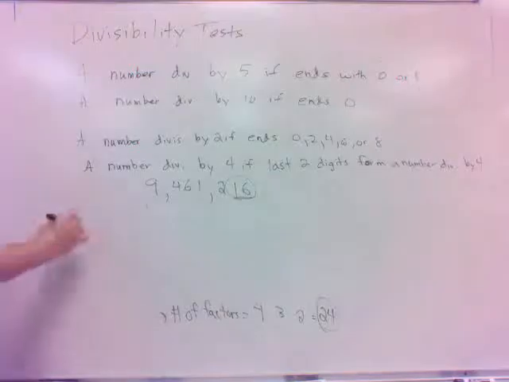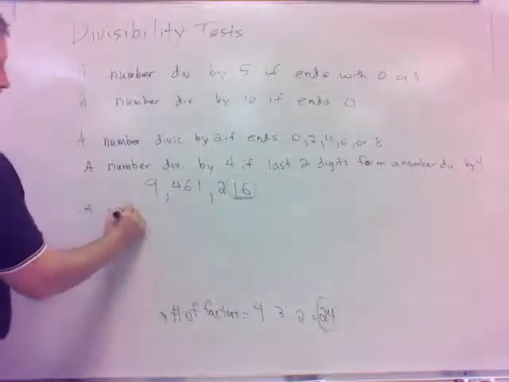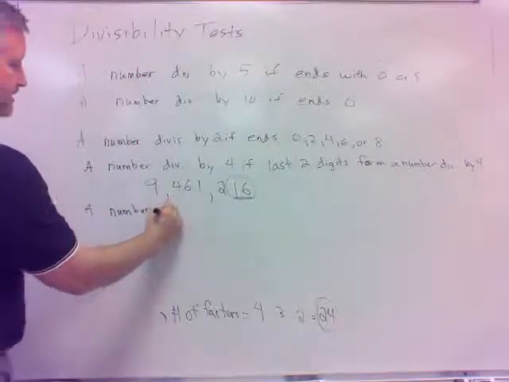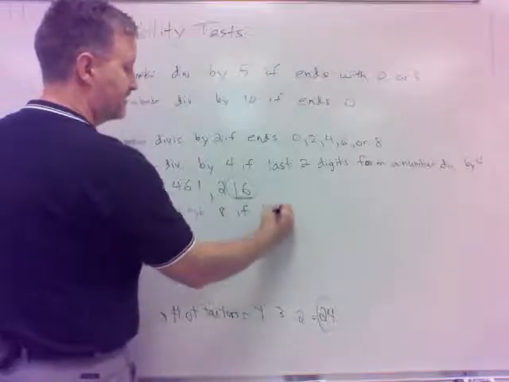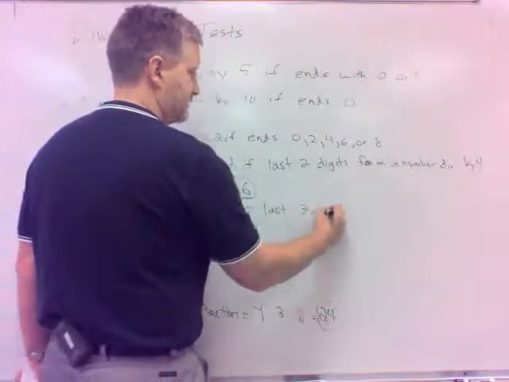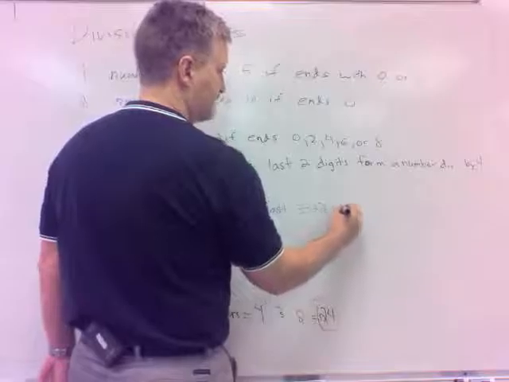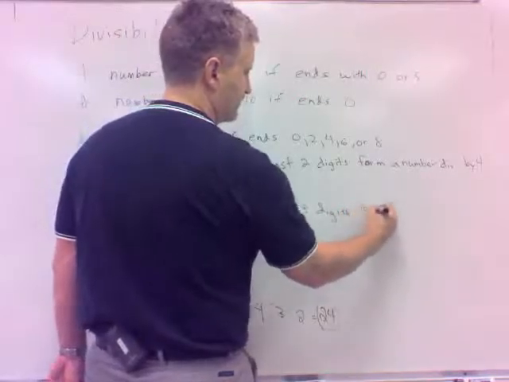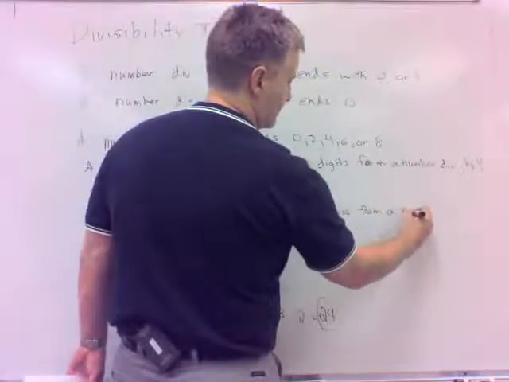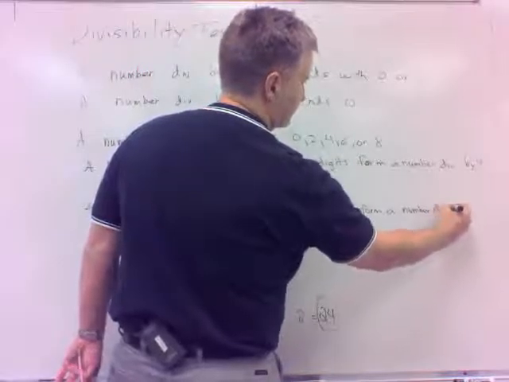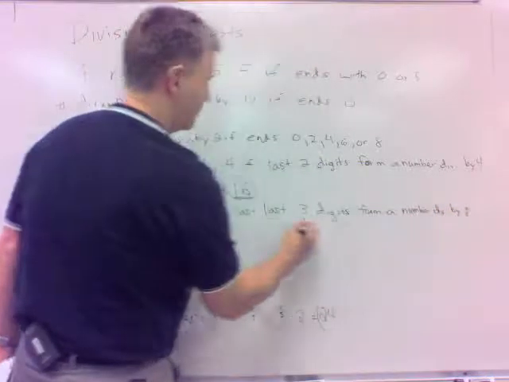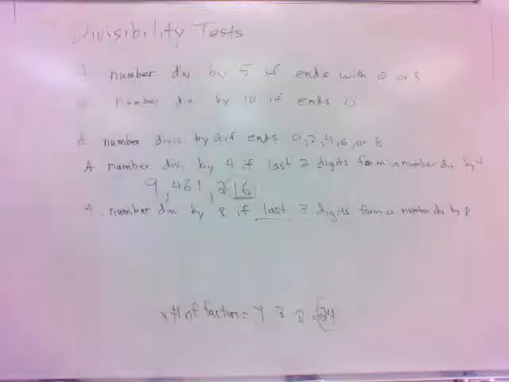Now, I group that with the 8. A number is divisible by 8 if the last three digits form a number divisible by 8. For 8, you look at the last three.